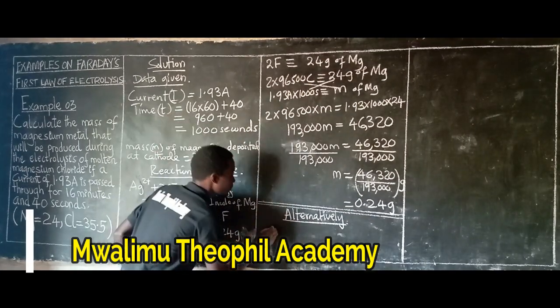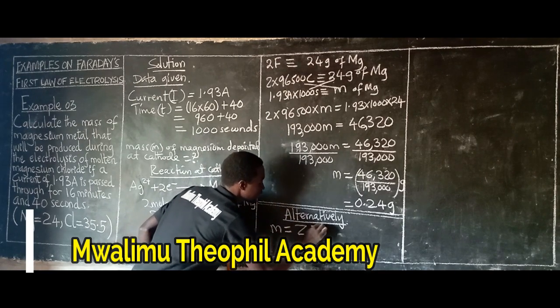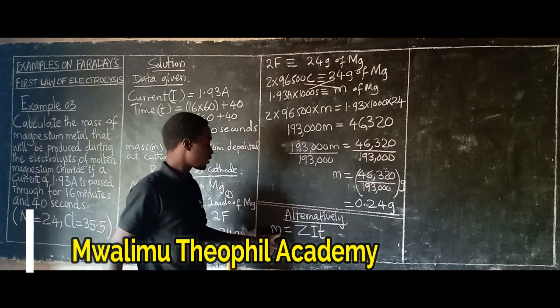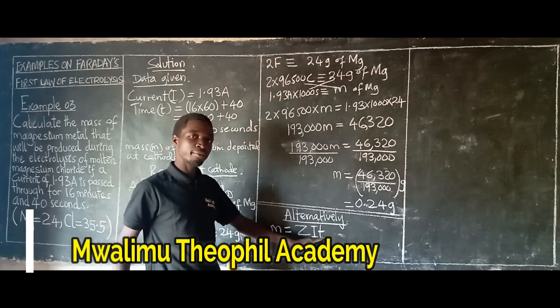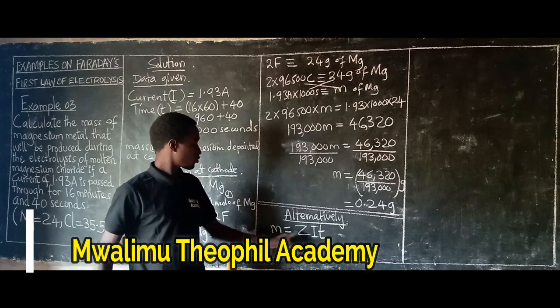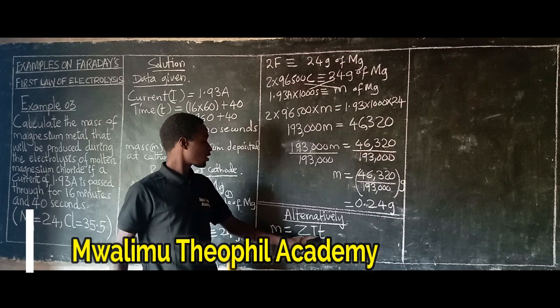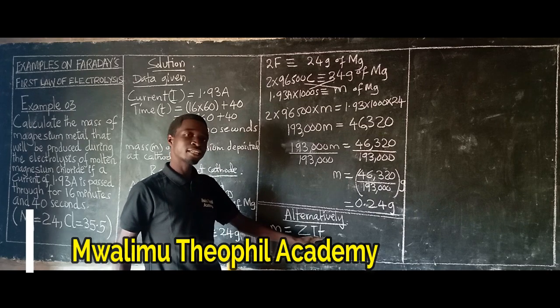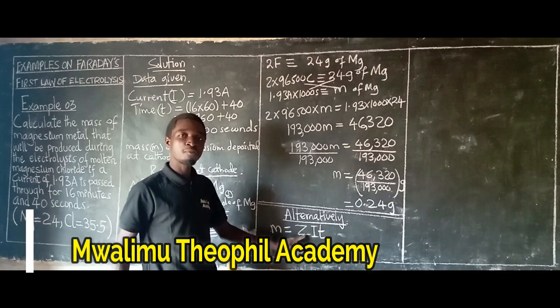The formula says that mass is equal to ZIT. It means that mass deposited is equal to electrochemical equivalent times current times time. In this equation, to get this mass, you must have all three data, but we are only having two. We have current and time, and we are not given the electrochemical equivalent of magnesium.